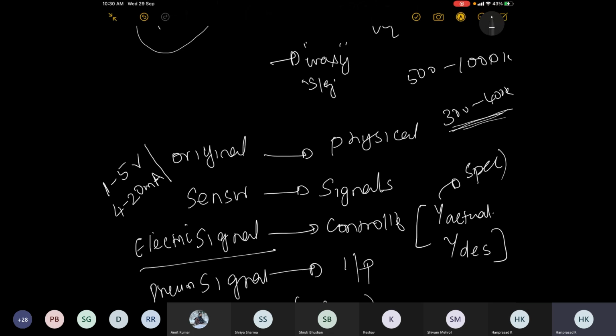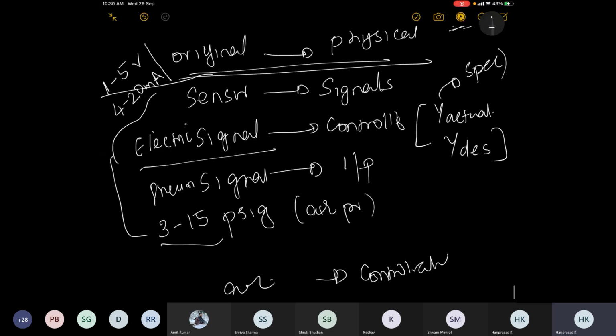This will only happen in this first layer. From the second layer, which is from sensor to I2P, this is all industry standard. Industry standard means that it is all fixed. You don't have any control. You have to buy those components that give you within that range.